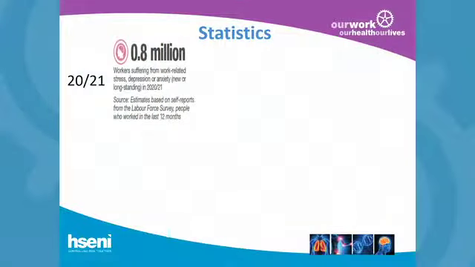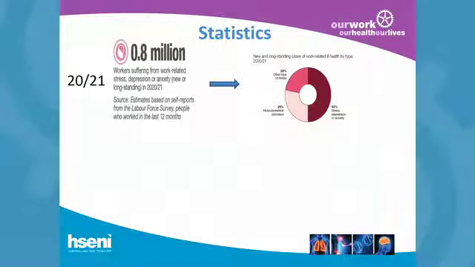In terms of causes of work-related ill health by type, 50% were work-related stress, depression or anxiety. I think that's significant because we put a lot of emphasis on many other issues within work that cause absence, and yet half of the health absences are due to work-related stress.